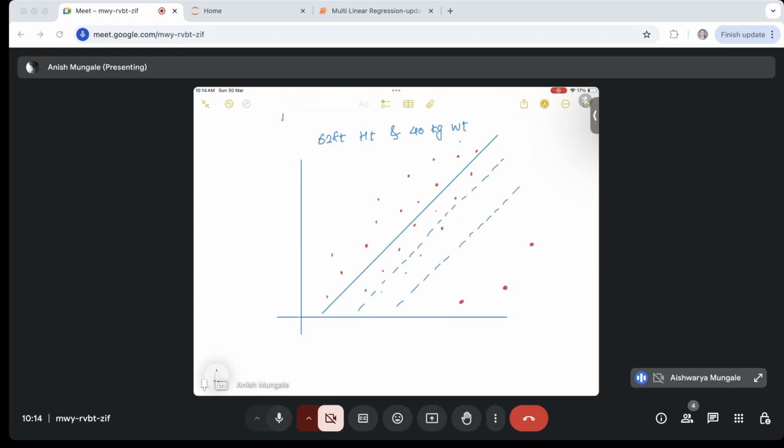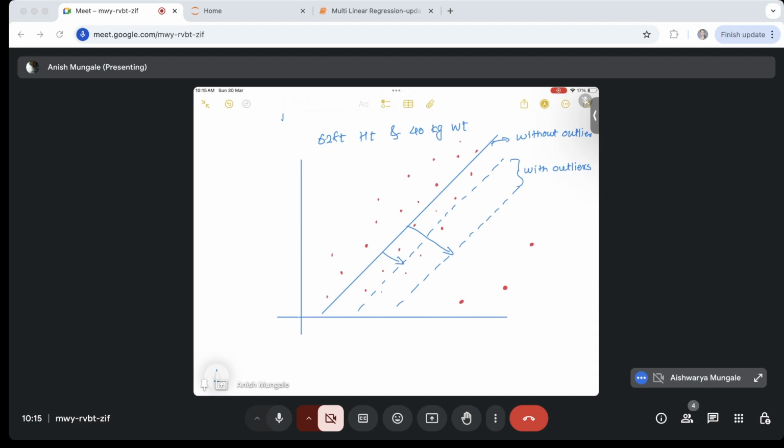This was your actual fit. From here you shifted till here or here, right? So this is without outliers, and these are with outliers. So in the presence of outliers, the model is significantly impacted.